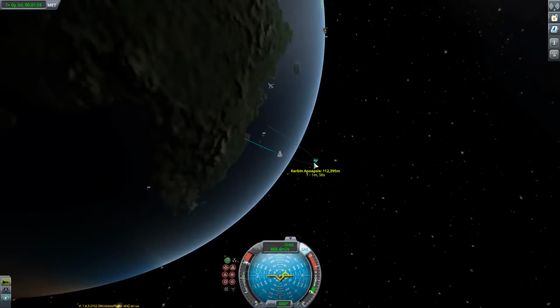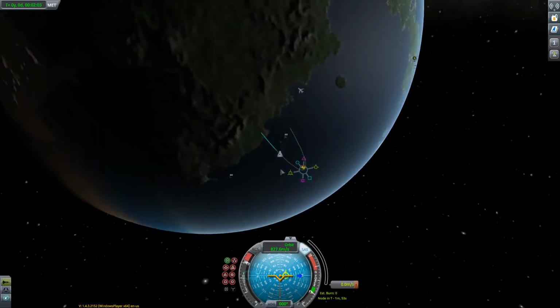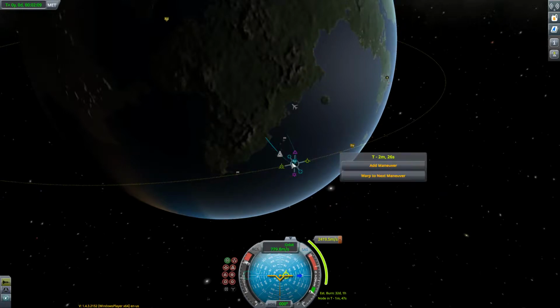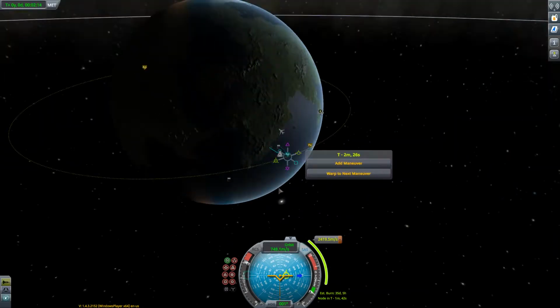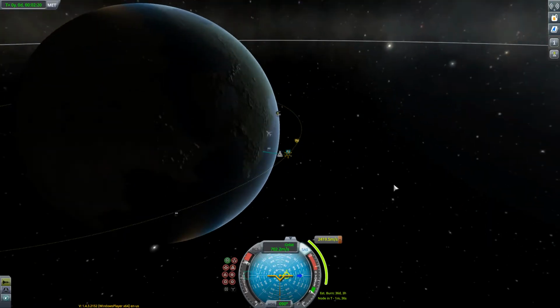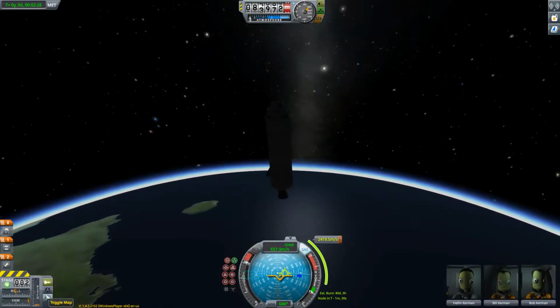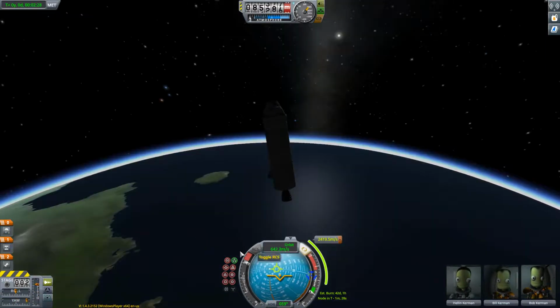Anyway, going to go up to here, add maneuver, and just like last time, we're going to pull the node out to here. Though in this case, we're not going to use this node. And it should be good. Going to go back to staging and press maneuver. Right here, just like last time.